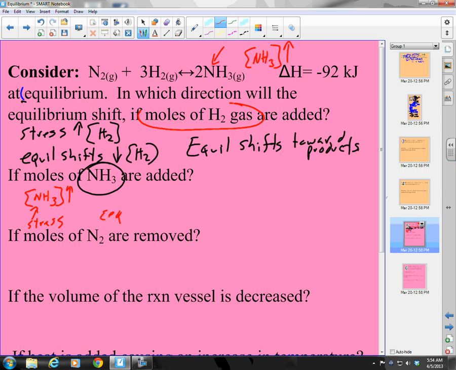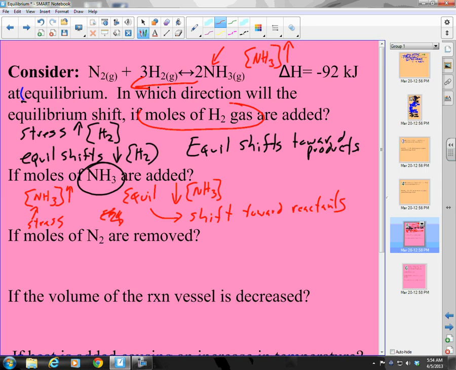The equilibrium is going to reduce the ammonia concentration. And how can it do that? It is going to shift. The equilibrium will shift toward my reactants. Cool. All right. Here we go.